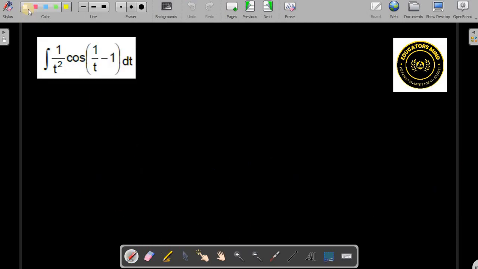Then let's take another question: 1 by t square times cos of this. Again you try to substitute. It may look difficult, how to substitute. Always try to substitute in such a manner that you get the form f of x and f dash x dx. Because when you substitute f of x, f dash dx will come and form a group.